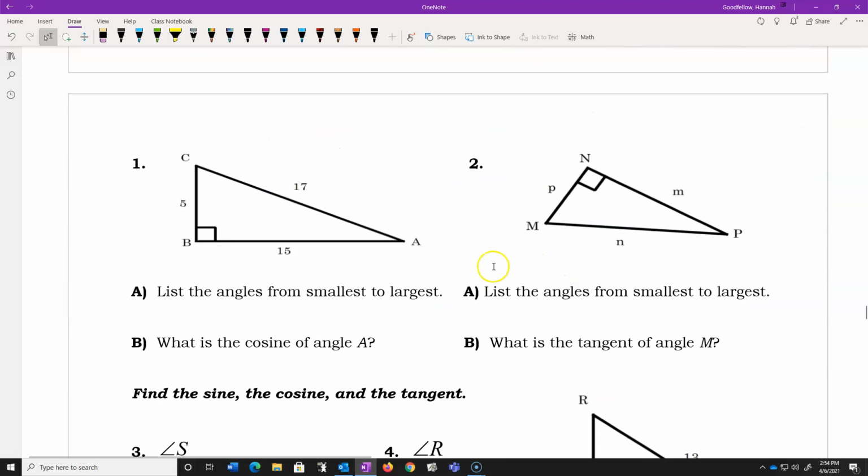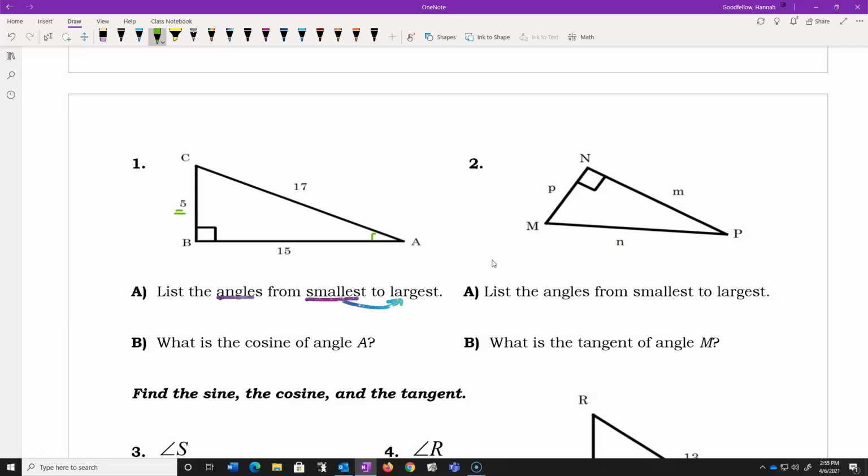Now, here's what we're going to start out with first. Number 1 and number 2 ask a couple of quick questions. It says, could you list the angles from the smallest angle to the largest angle? Understanding which is the smallest angle has everything to do with which is across from the shortest side.